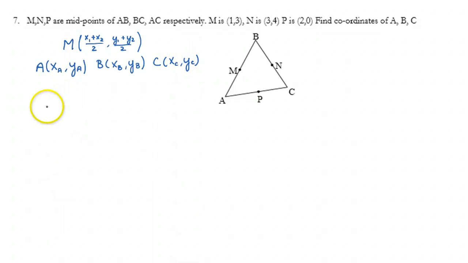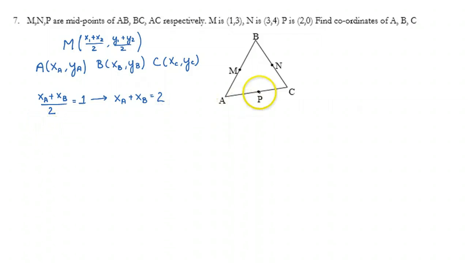Okay, so now if we start with M, we know that M is the midpoint of A and B. So that means that (xa plus xb) over 2 is equal to the x value of M, which is 1. And we can then rearrange that to get xa plus xb is equal to 2.